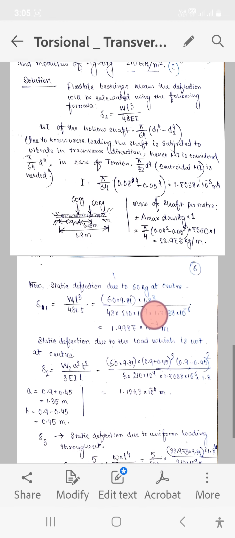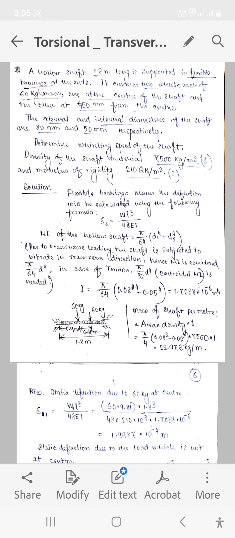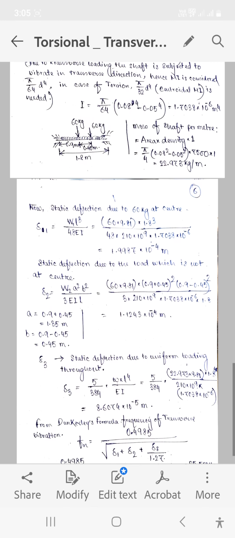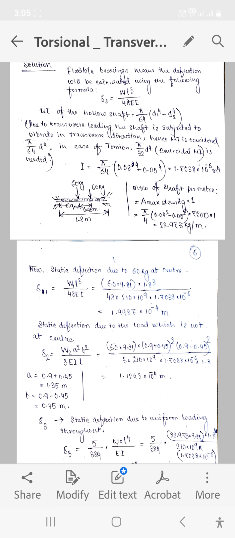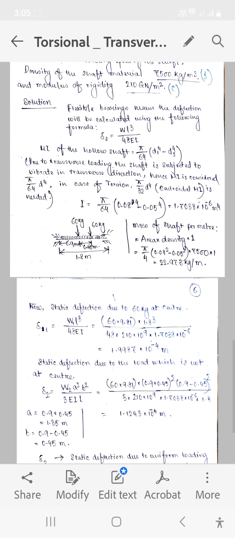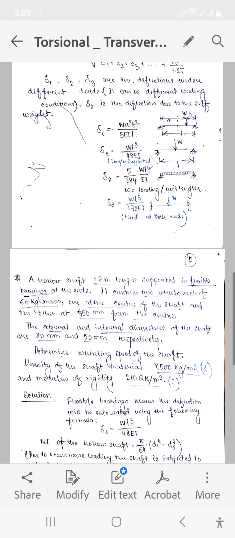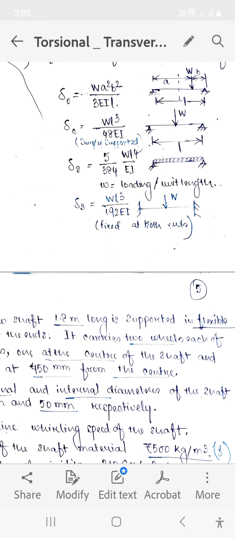That is what this question has asked, that is, determine the whirling speed of the shaft. If you have any doubt, because this sort of problems will have different loadings on the shaft, you need to consider what type of support it is having. You see, in this case, when it is on flexible bearing, it is 5 by 384 WL to the power 4 by EI.